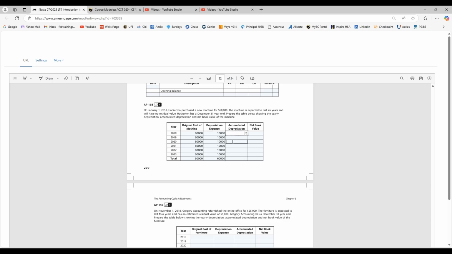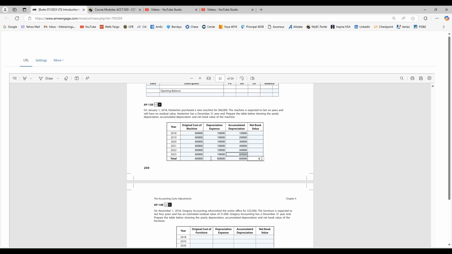Okay, and then the accumulated depreciation is just, we're adding to this as we go. The first year we started with 10,000 of expense, and then we added another 10,000, and another 10,000, and another 10,000, again, right? And we end up at the end of the whole life with 60,000 in accumulated depreciation.